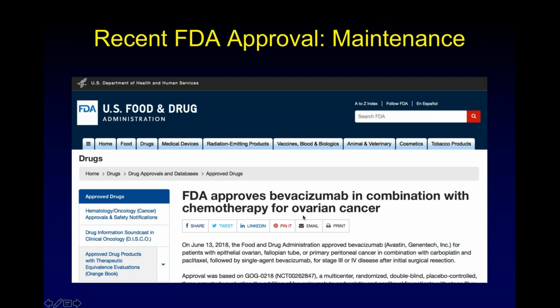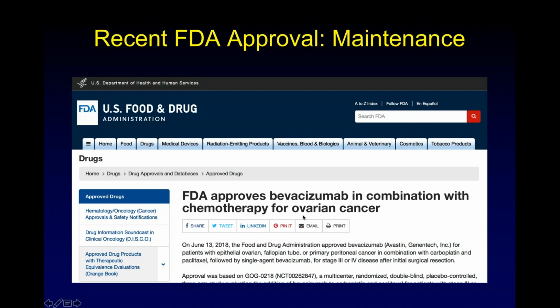There was not a lot of urgency to get these drugs into the frontline setting until we realized something that we hadn't in the past, and that's that even progression-free survival can be important if the drug can be administered with low toxicity. And by the time the FDA received the documentation of this drug in the frontline setting, there had been tens of thousands of patients treated with the drug.